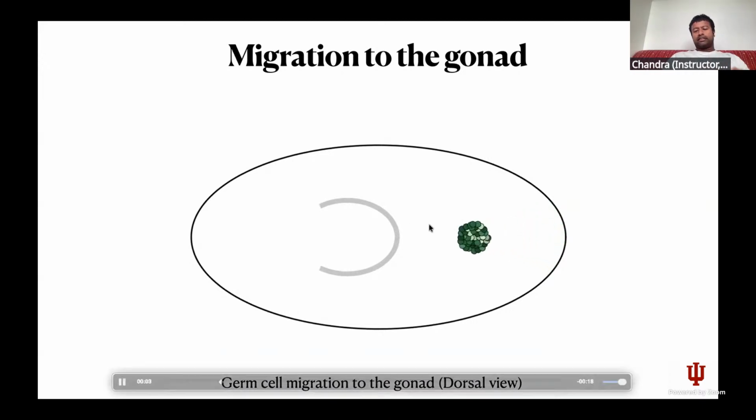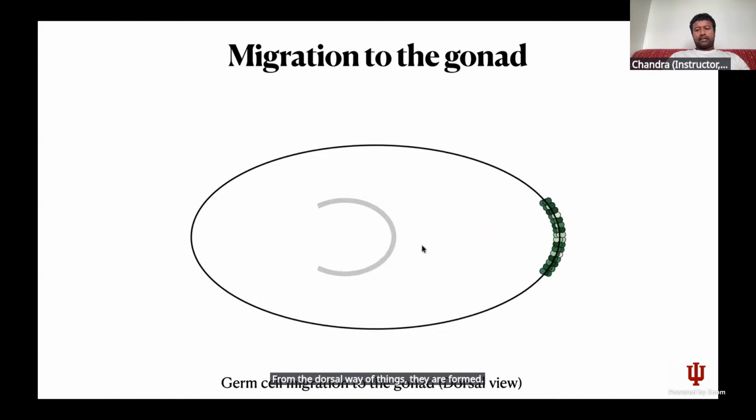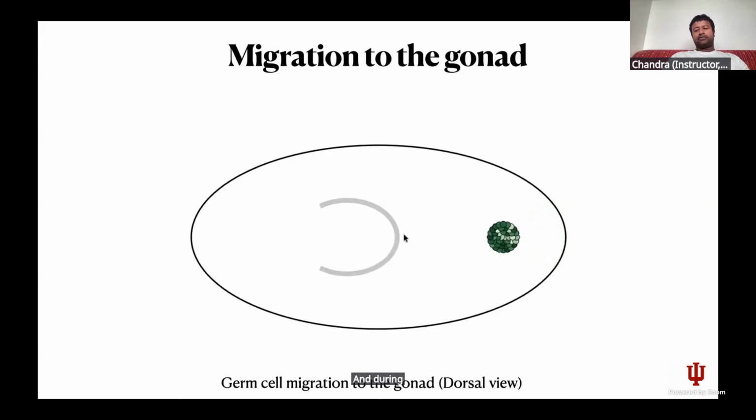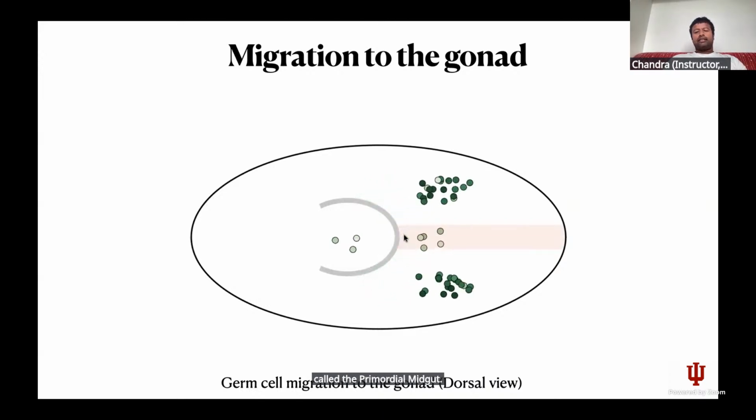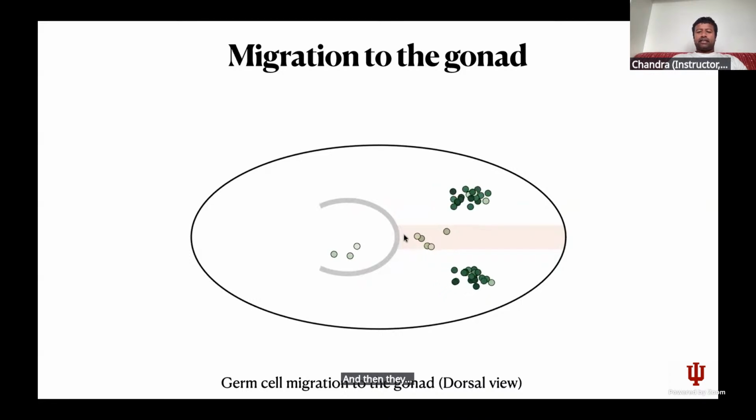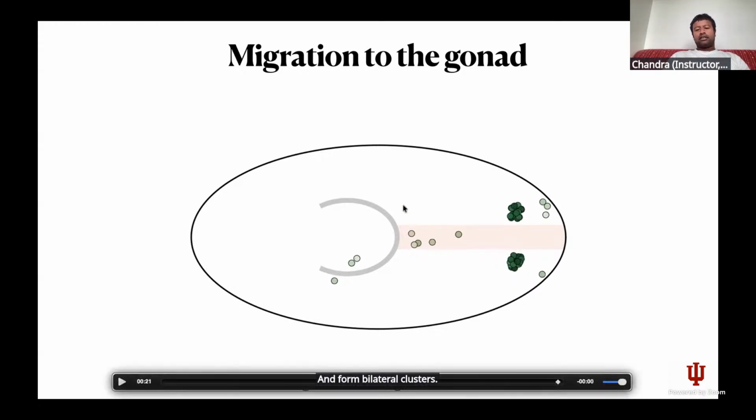From the dorsal view of things, they are formed at the posterior tip of the embryo, about 2.5 hours after the embryo has been laid by the mother. And during gastrulation, they end up in this epithelial sac called the primordial-midgut. And then they individualize and exit the midgut and form bilateral clusters that will migrate towards the gonad.